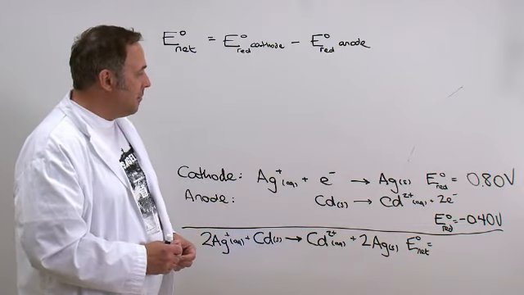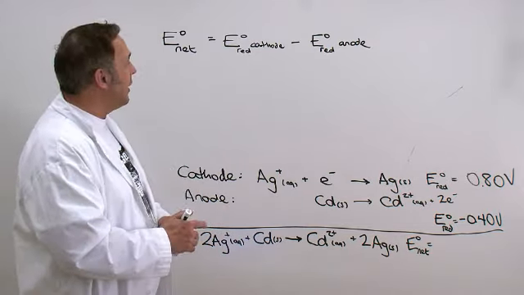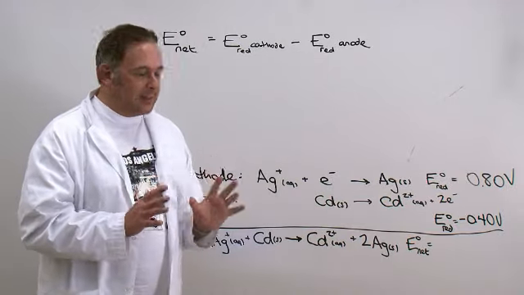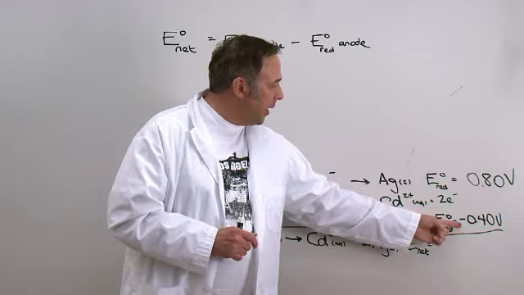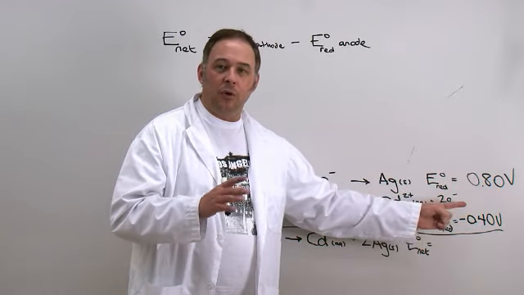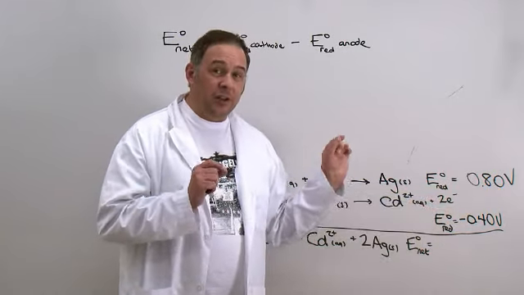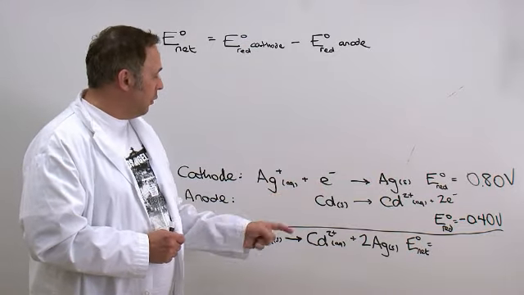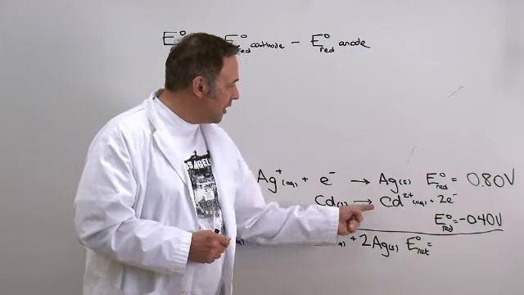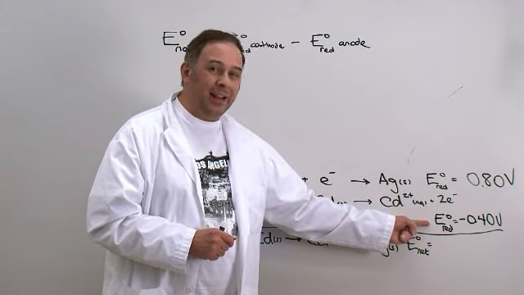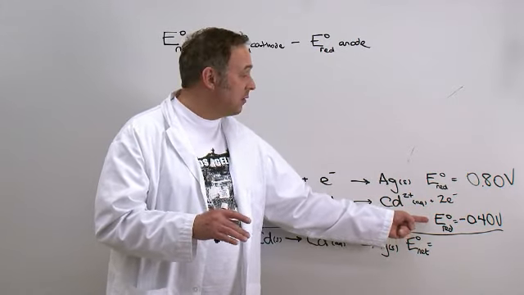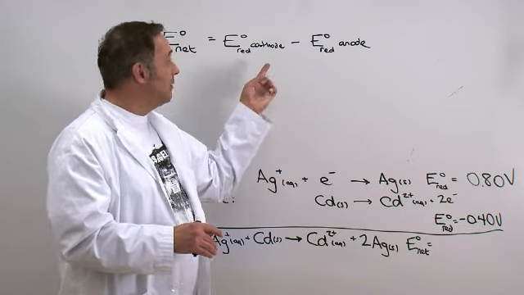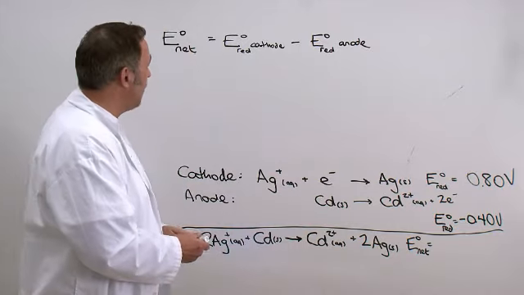However, your book chooses not to do that, and instead they do this subtraction. Instead, the numbers that you copy out here are the ones derived from your data book. They are the reduction cell potentials for those half reactions. So even though I write out the oxidation half reaction, I've actually put in the reduction potential so that it sits comfortably in this equation here, and the equation is promoted in your textbook.